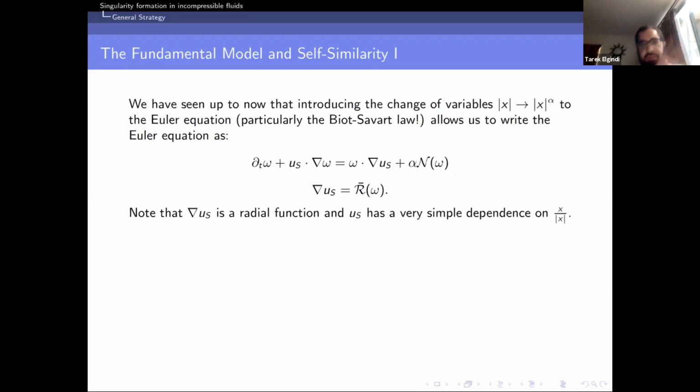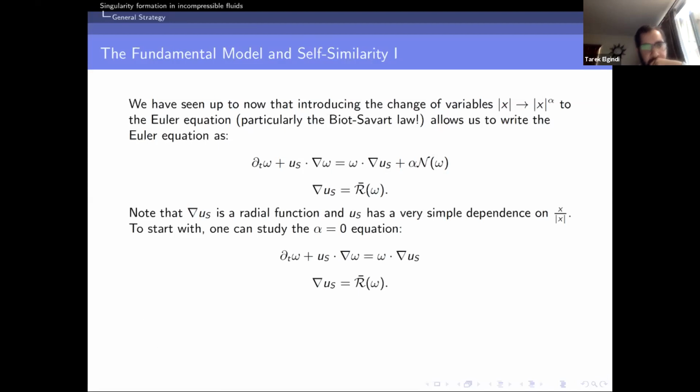One nice thing is that the gradient of u_s is a radial function, and u_s has a very simple dependence on x over |x|. So one can start with the alpha equals 0 equation, if that makes any sense. And you get this nice closed system, which has not been investigated in general.